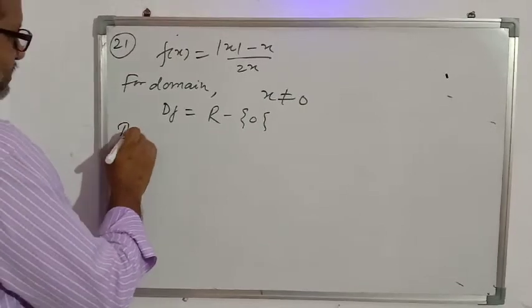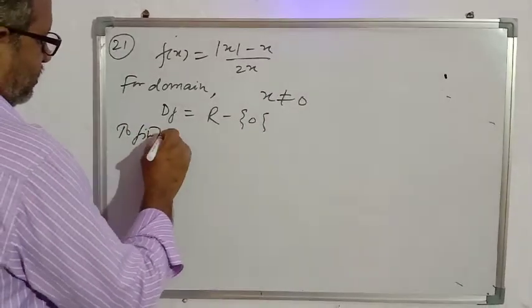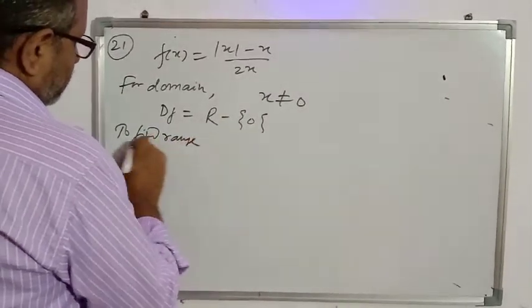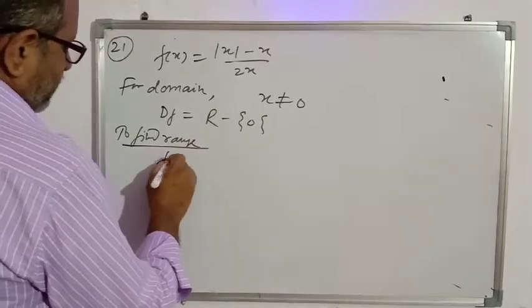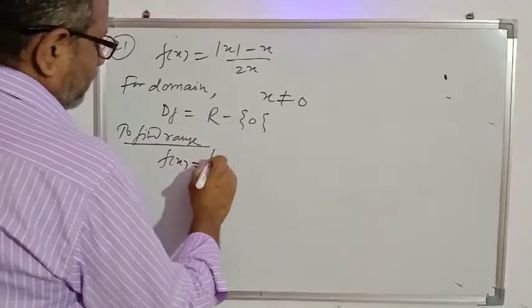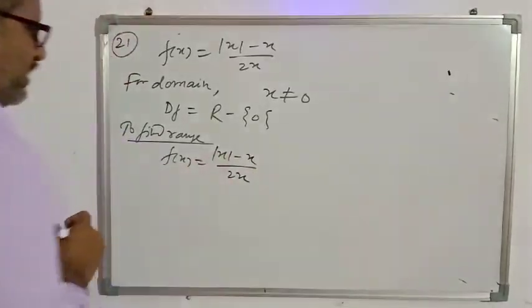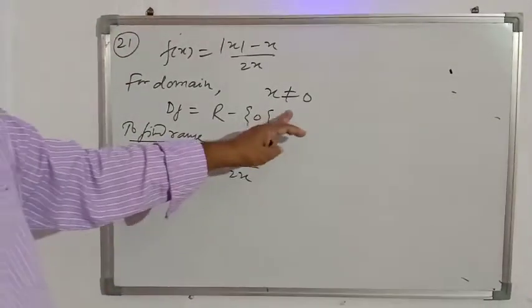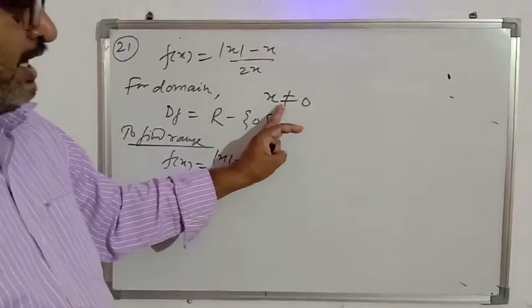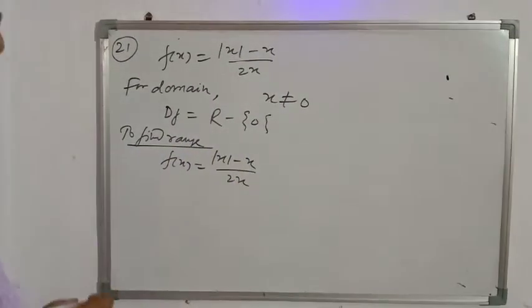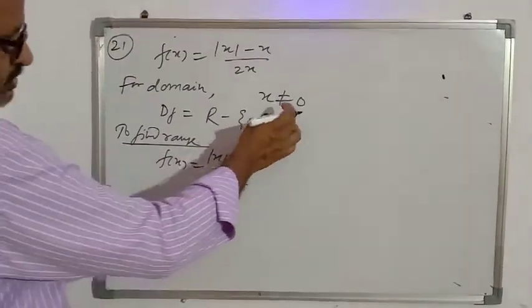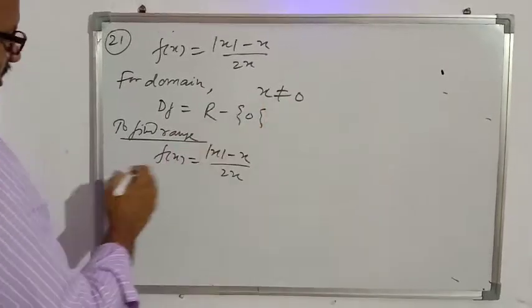Now to find range. Write f(x). f(x) is what? Mod of x minus x upon 2x. Here x not equal to 0. It means x is either positive or negative.